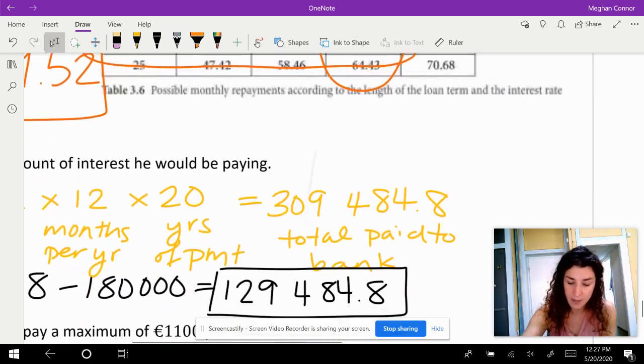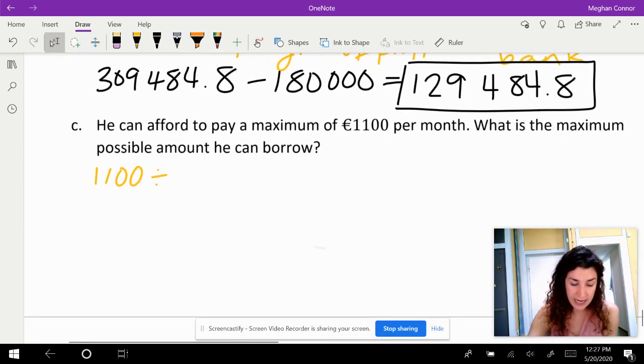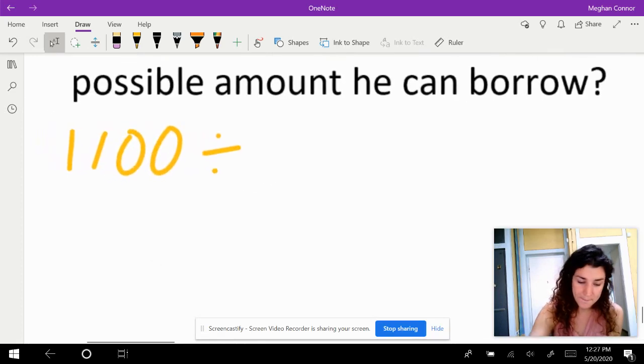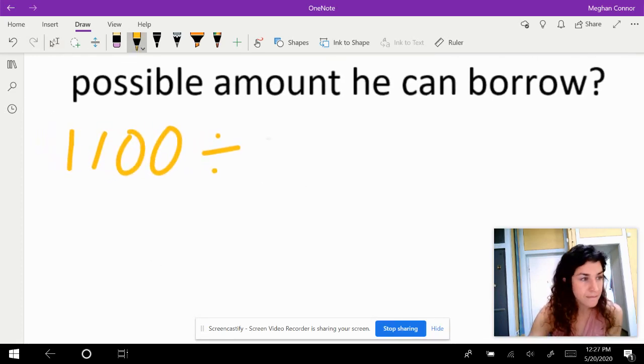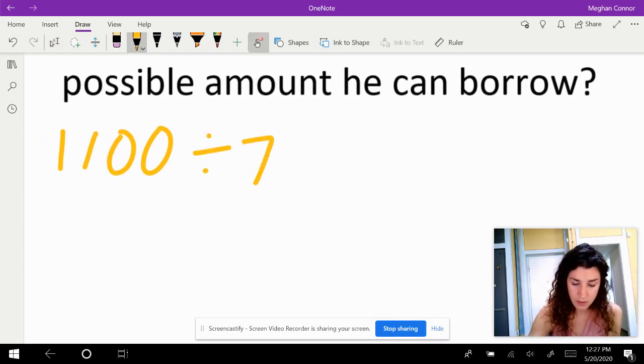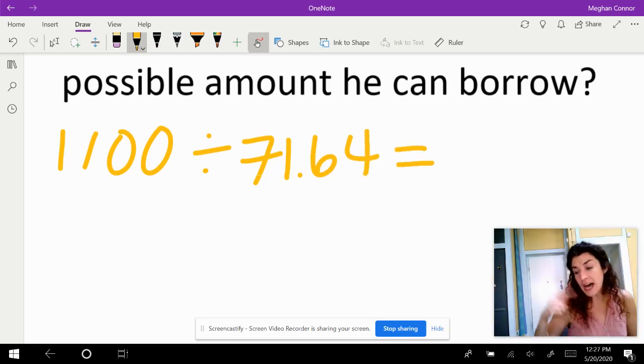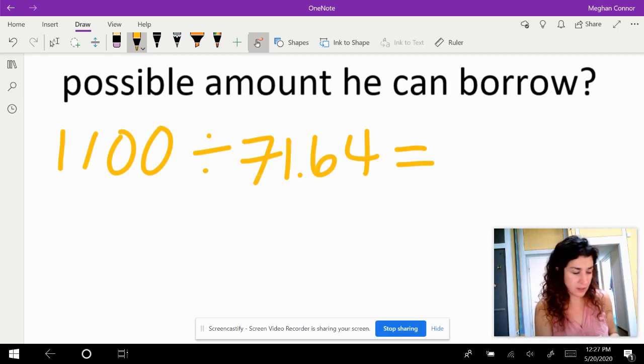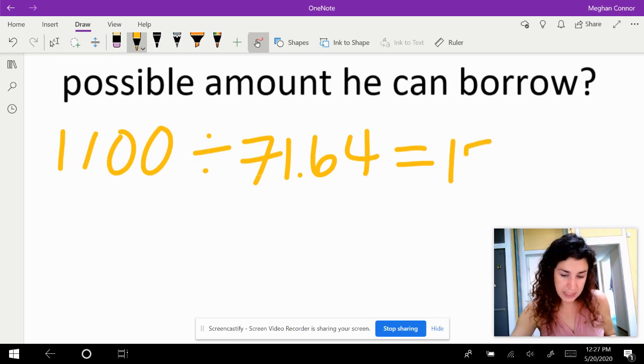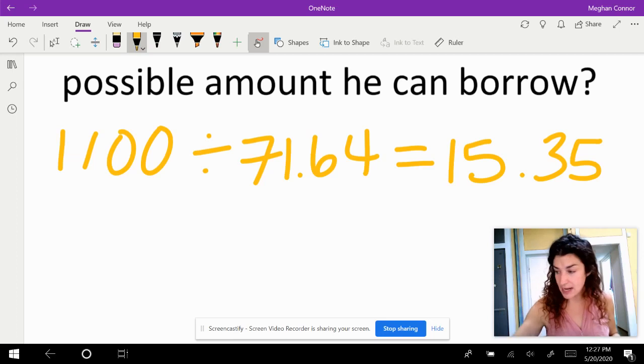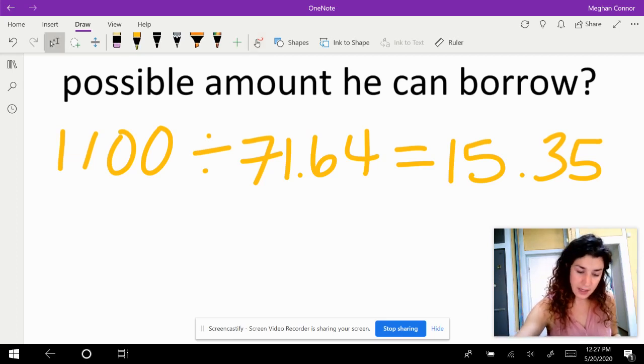So we're going to take our monthly payment and divide out 71.64, because that's going to tell us how many tens of thousands, which is 15.35. So that many tens of thousands.